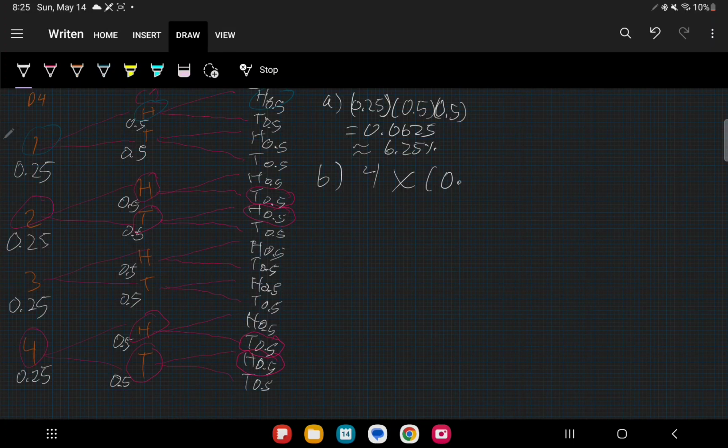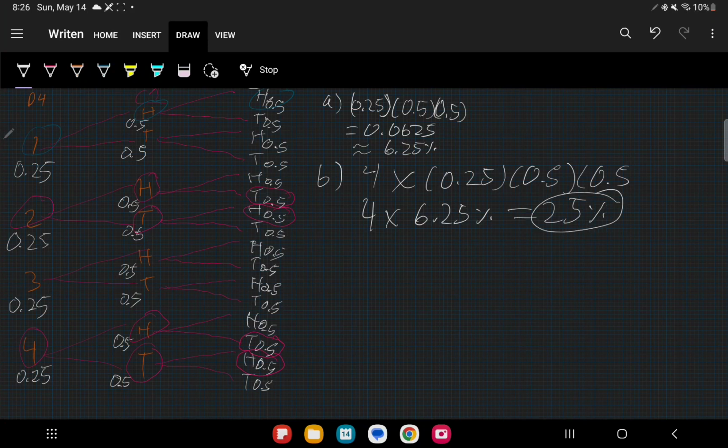So that's 0.25 times 0.5 times 0.5. We know that is 4 times about 6.25%. So I multiply that out, and I get about 25%. Okay. So I got 25% there.